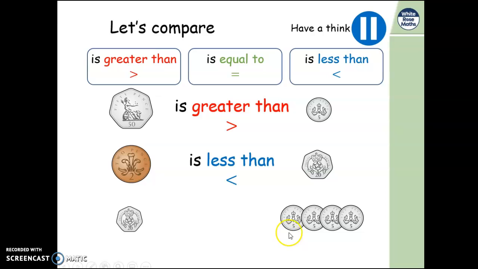We're counting in 5s 4 times. So 5, 10, 15, 20. So even though this is only 1 coin and it's 20, we've made the same amount using 5p's. So this one is going to be equal to.